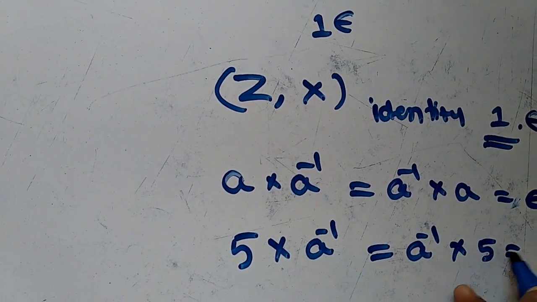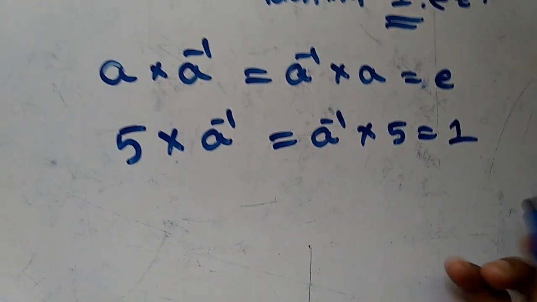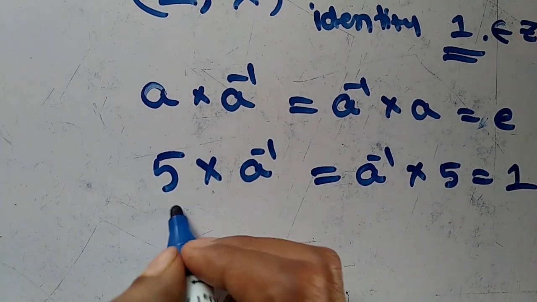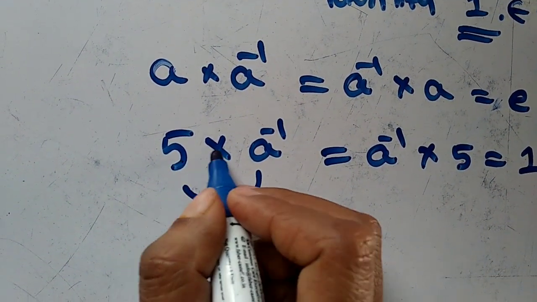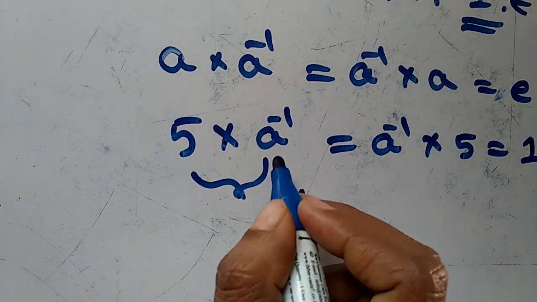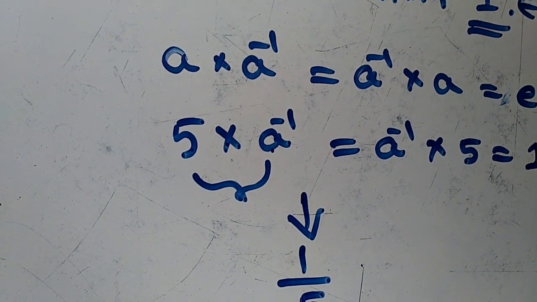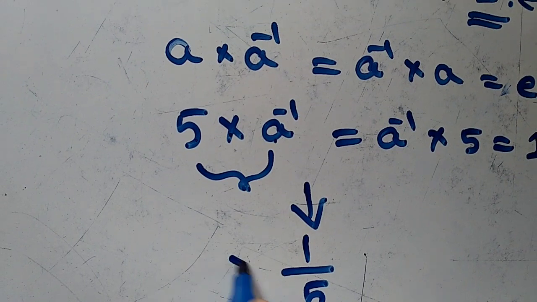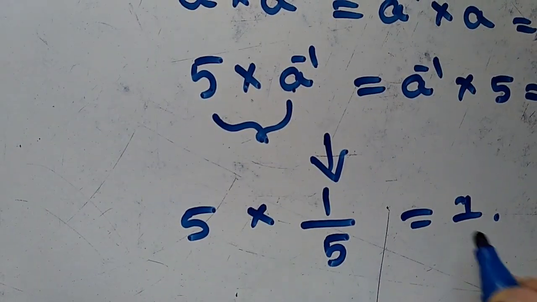So A is 5 and your identity element here is nothing but 1. Just look here. To get 5 into A inverse as 1, you have to replace A inverse by 1 by 5. Then only it is satisfied for you, and then only you will get it as 1.